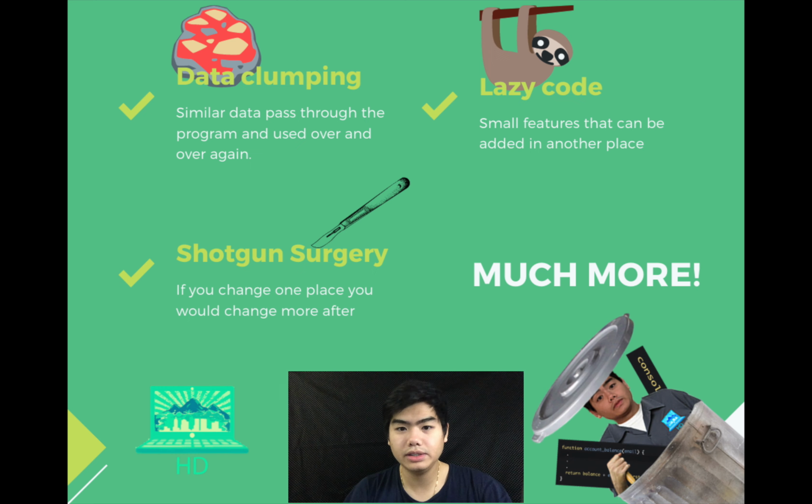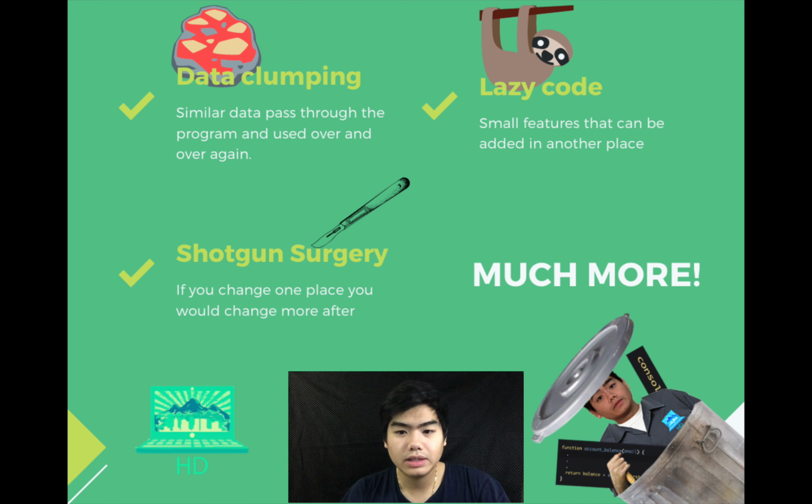Now, there are other ways that you can have code smells, such as data clumping, which is having similar data passed through the program and used over and over again. That's being wet code instead of dry code. Or you have lazy code, which is small features that shouldn't be part of their own method or class; they could be part of another method or class.